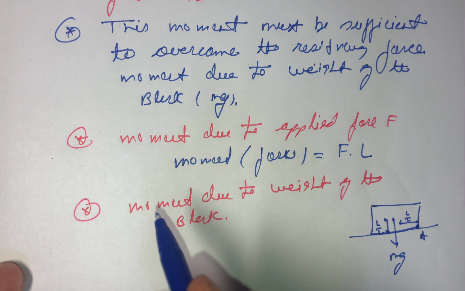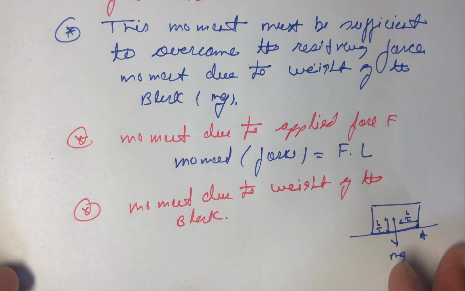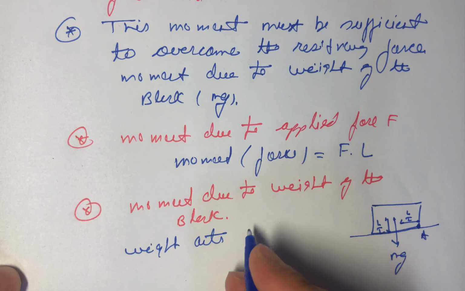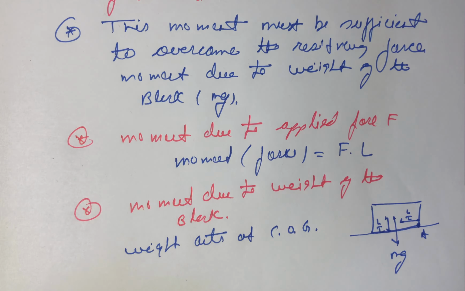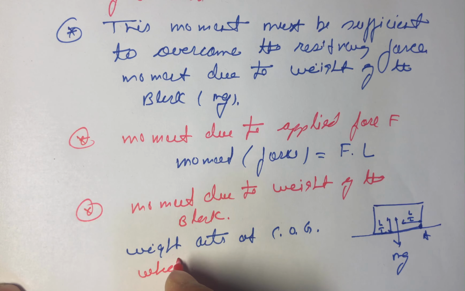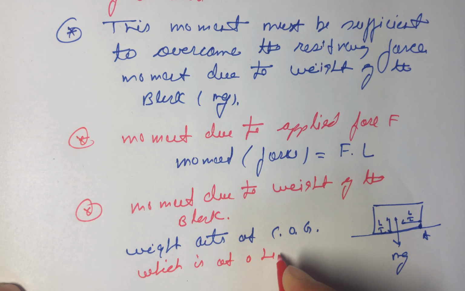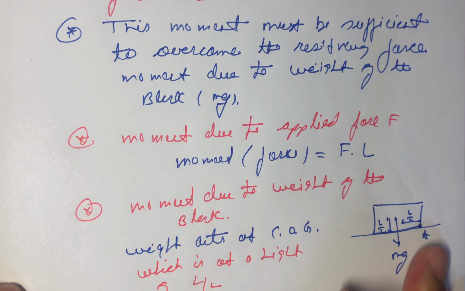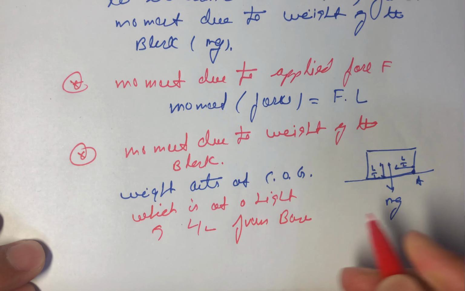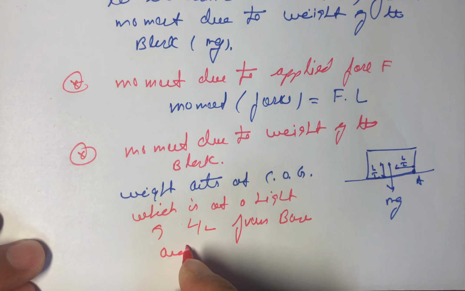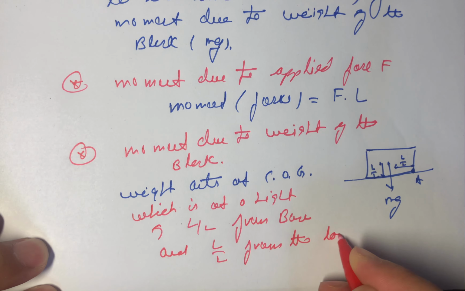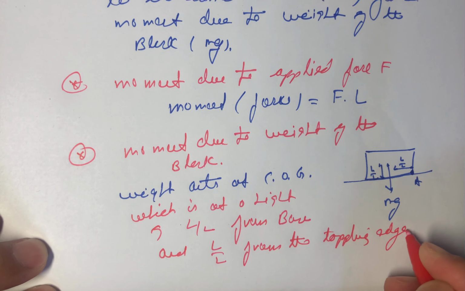The weight acts at the center of gravity, which is at a height of L by 2 from the base, and L by 2 from the toppling edge, which is A in this case.